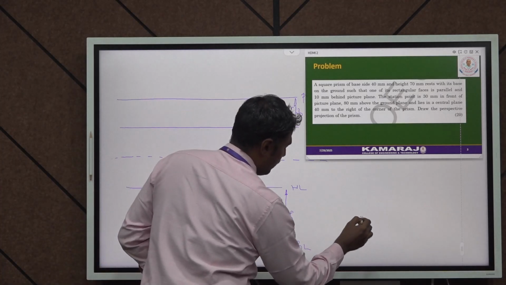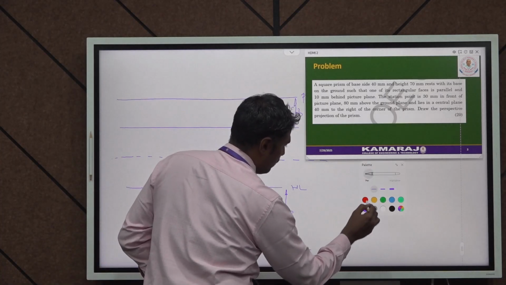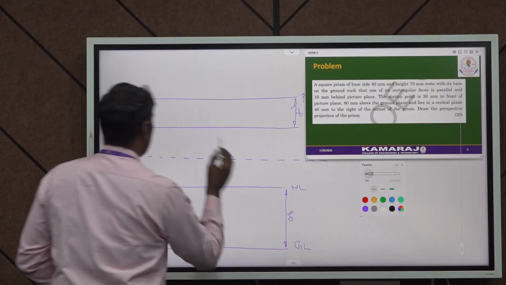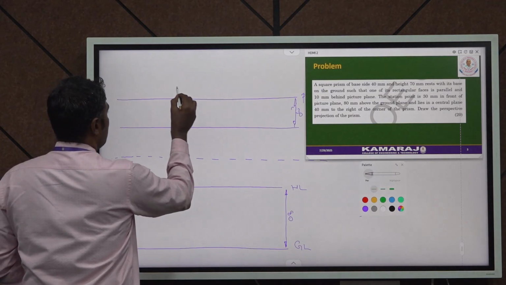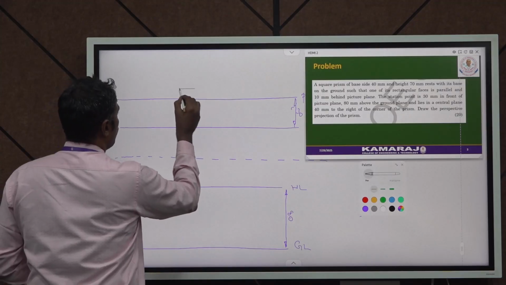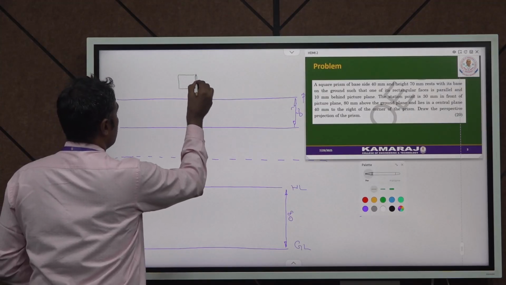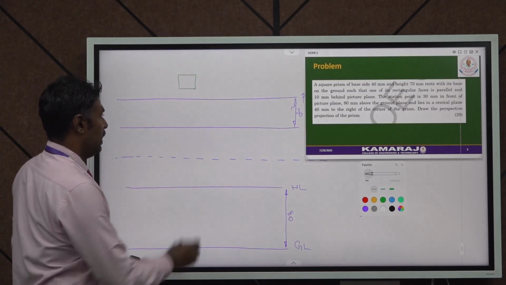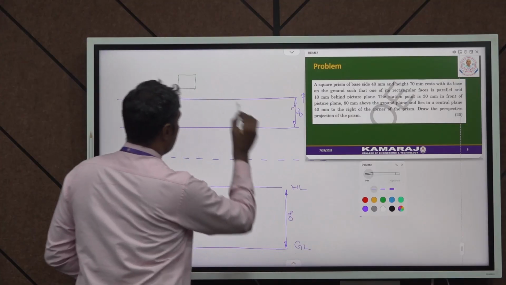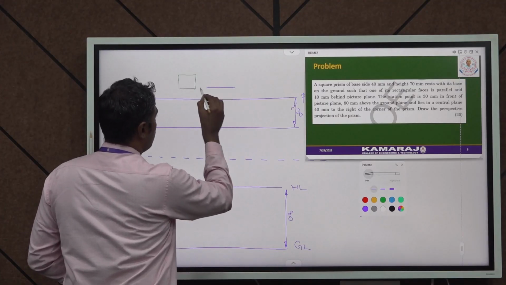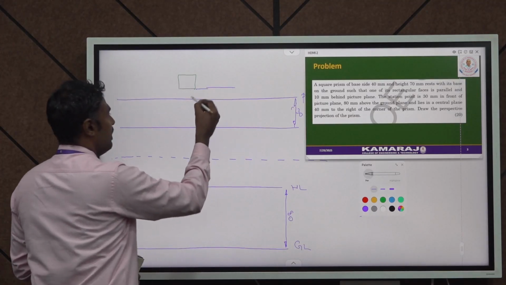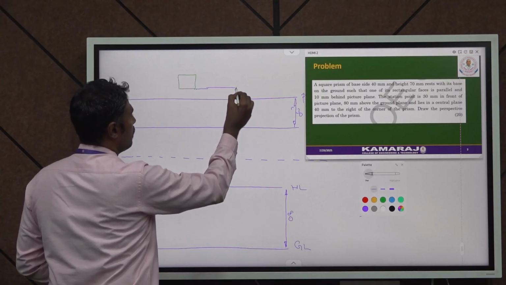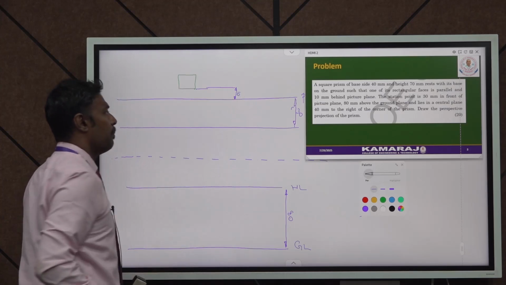Now I am going to draw it in another color. Behind this I am going to draw a square. So this is the square, and one of the sides is 10 mm.